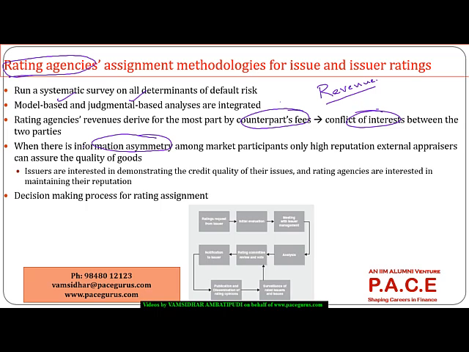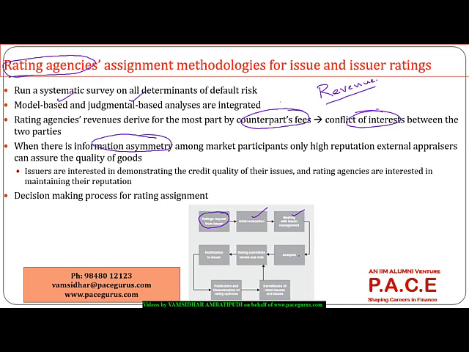So if you look at the decision making process for assigning a particular rating, initially the issuer comes out with a request: please rate my company. So there is an initial evaluation that is performed by the agency, and based on that initial evaluation, there is a detailed meeting that happens with the management of the issuer.